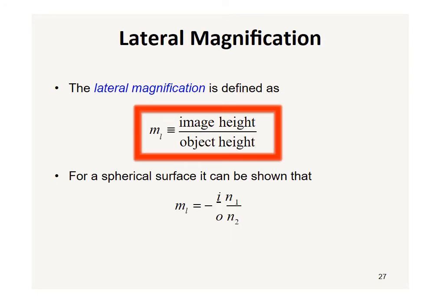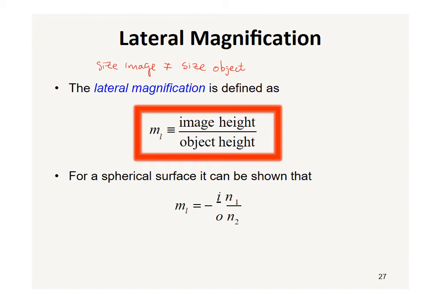Now, in general, the size of the image is not the same as the size of the object. A really good example is if you look closely at the device that you're watching this on, you would say that device is larger than your eye.